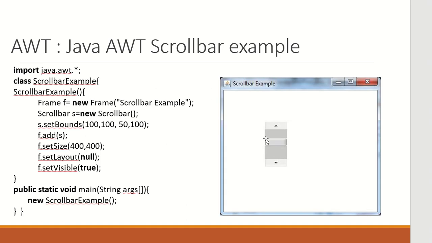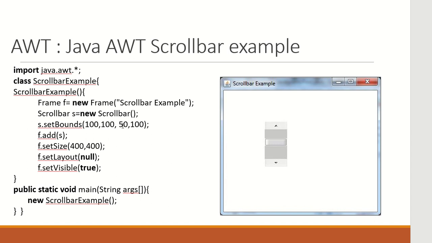So this is a scroll bar. As you can see, there is a block which the user can move upwards or downwards. Here you create a frame, then an object of the scroll bar class. You are creating the boundary, which is nothing but where to appear and how to appear. Whatever the width and height, it will appear as vertical.